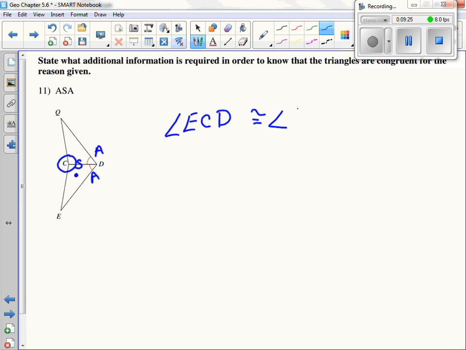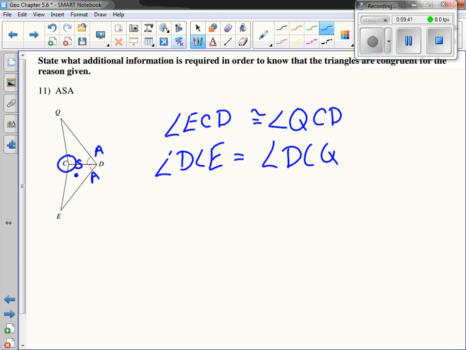And the angle above it would be what? Q, C, D. I mean, we could have done it in the other order. That'd be fine. And mix and match these. But we need those 3 letters to describe that angle.